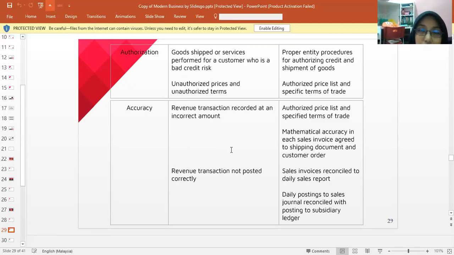Then another possible misstatement is that a revenue transaction is not posted correctly. To avoid it, sales invoices are reconciled to the daily sales report, or daily posting to the sales journal is reconciled with posting to the subsidiary ledger.